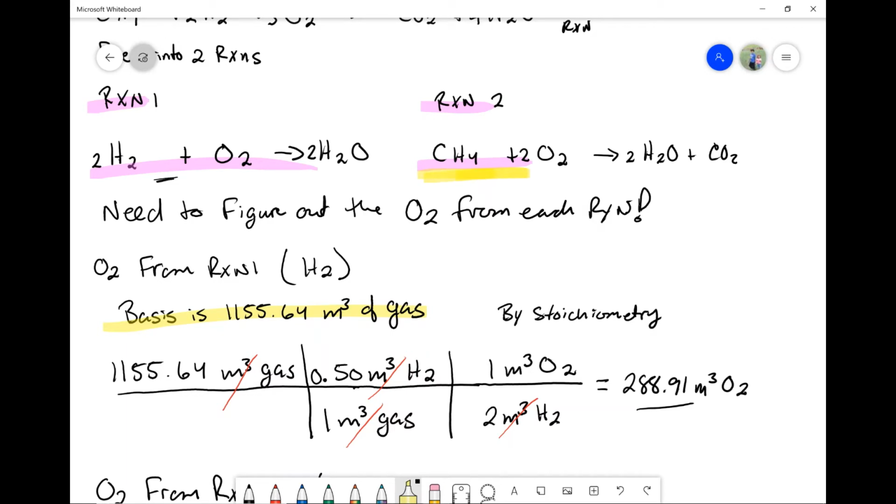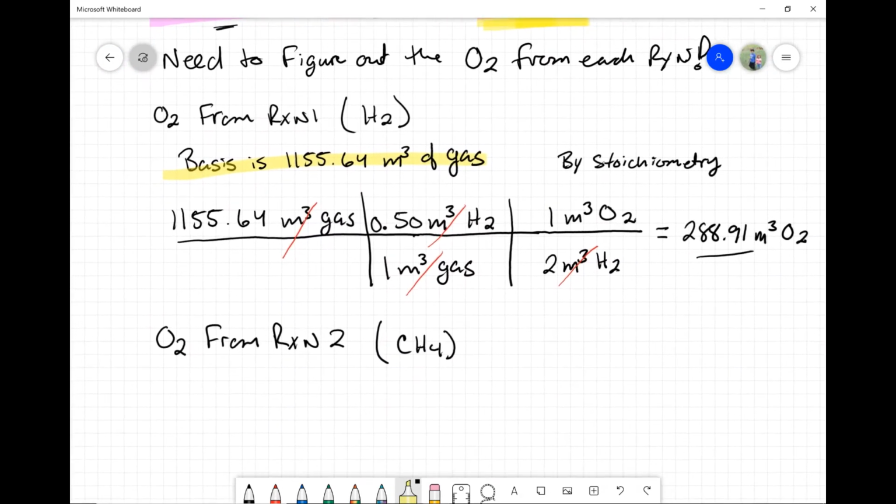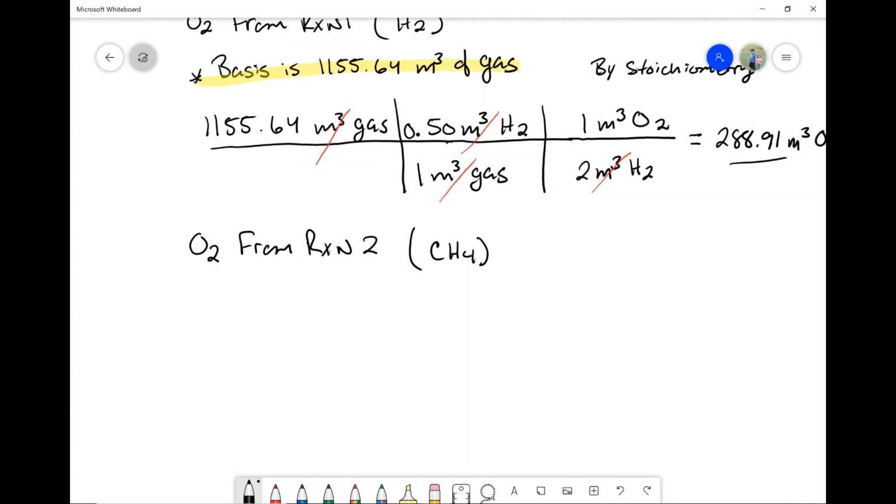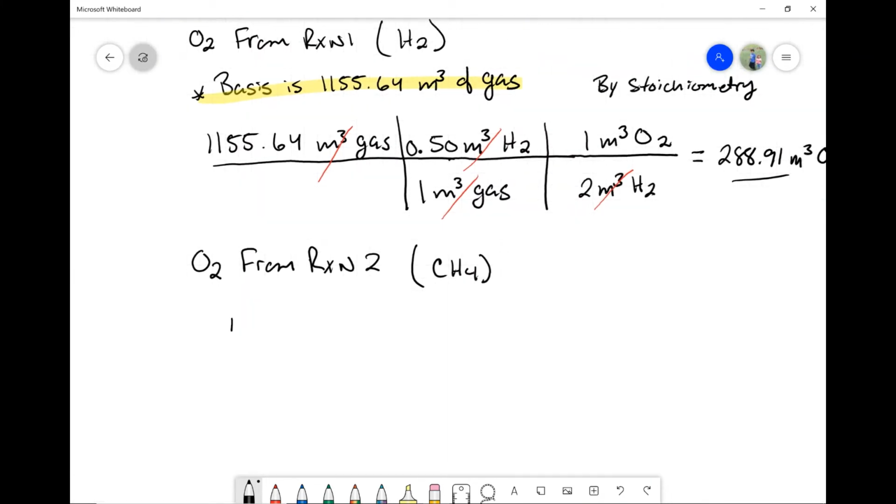Alrighty, CH4. And our basis is still 1155.64 cubic meters of gas.